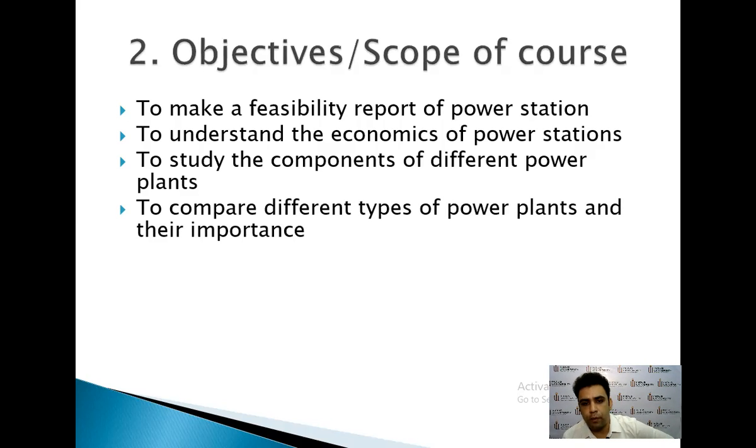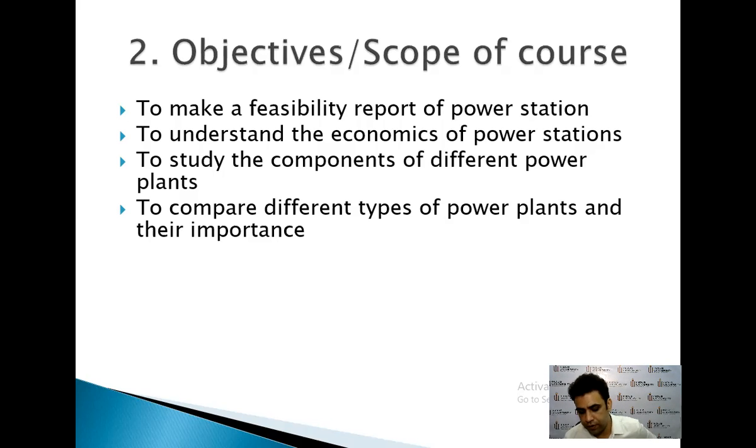They will be able to compare different types of power stations and their importance. They will be able to compare the generation of a specific area, about diesel generator, diesel power station, or gas power station, in which way they should go before planning to install a power station.